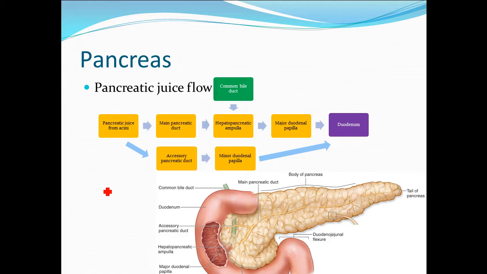So the acini make the pancreatic enzymes. And the enzymes, they could go through two different ducts, right? One is this one here called the main pancreatic duct.